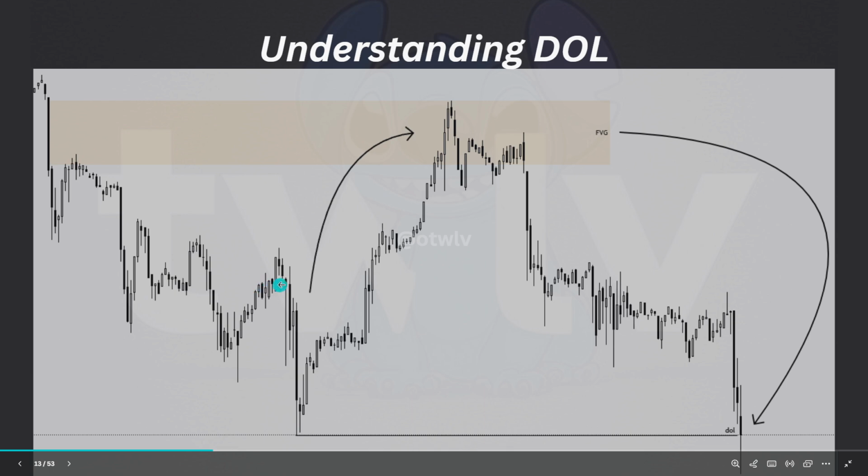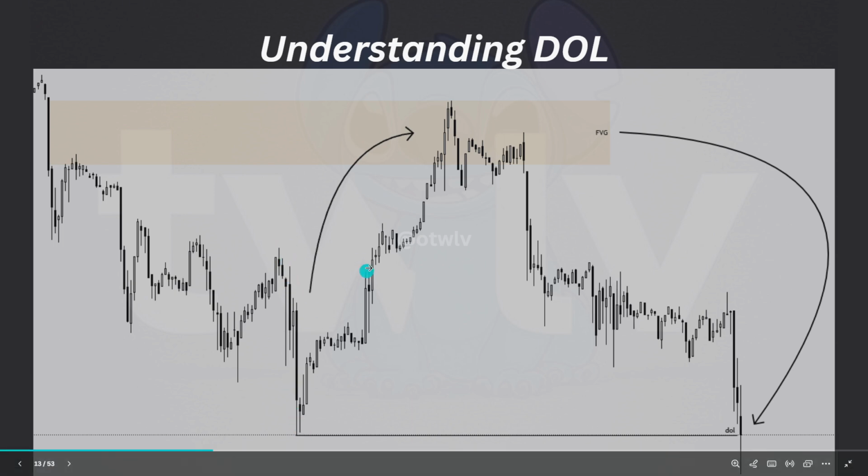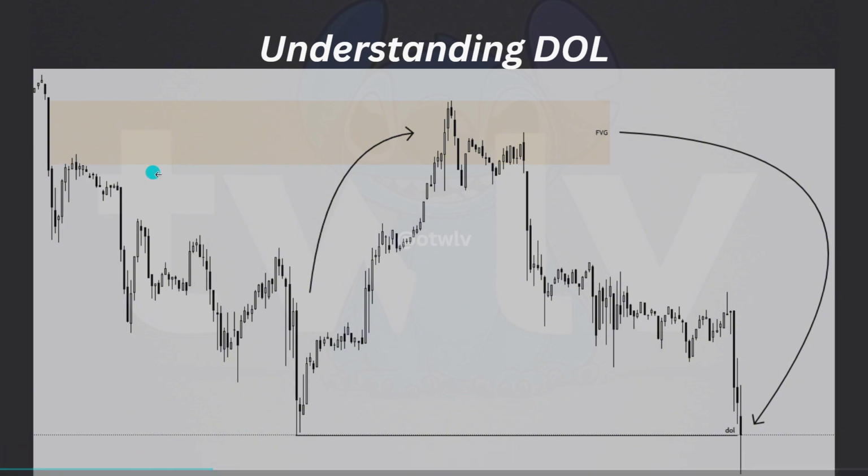That's why it's so important to understand draw on liquidity, because if we know based off of logic, and other concepts we'll talk about, expansion met with expansion after sweeping into a PDA to the left to then come out and take out this low resistance liquidity, this being our overall target, this swing high, which is also a fair value gap.